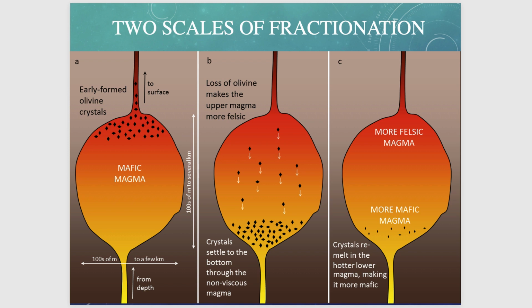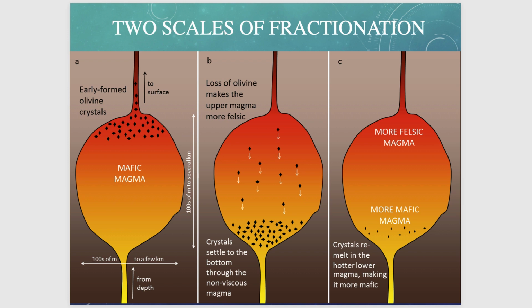We have many magmatic chambers that can form at different depths in the crust, and this will result in different phases of crystallization. Crystallization is the formation of minerals, and in these three images you see how crystallization operates within a magmatic chamber. It is the process of formation of minerals during cooling of a magma.